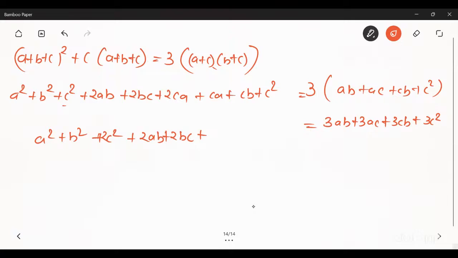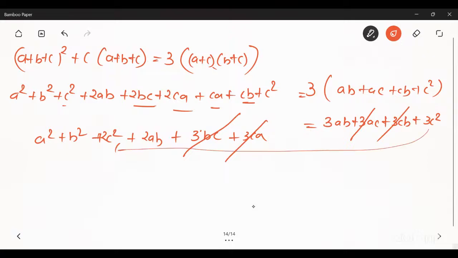Wait, just a minute. 2ab and 2bc plus cb is equal to 3bc, 2ca plus ca will equal 3ca. Now these terms will be cancelled, and if 3c square comes to that side, you will get a square plus b square plus 2c square minus 3c square is equal to 3ab minus 2ab.